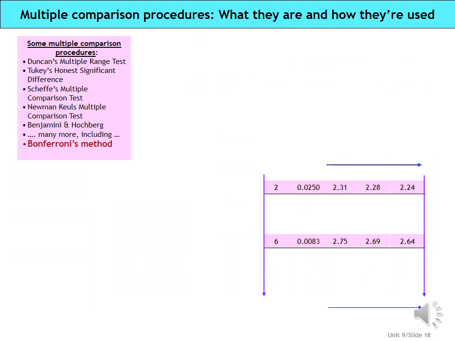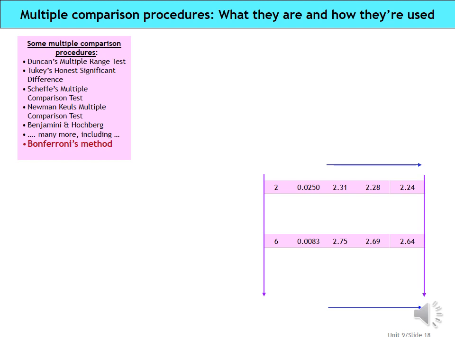We're going to see that. So there are multiple comparison procedures. There are many tests to do these kinds of multiple comparisons, like Duncan's multiple range test, Tukey's honest significant differences, Scheffe's multiple comparison test.